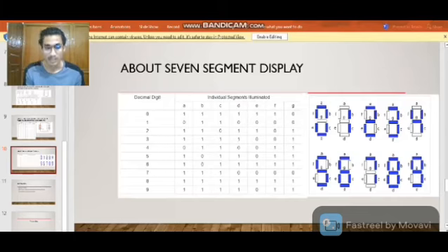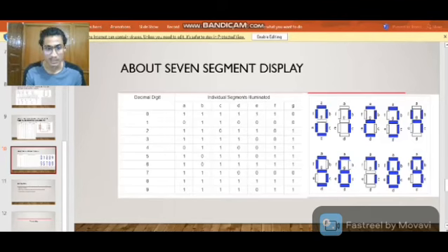For decimal digit 2, A, B, D, E, G are on and everything else is 0. For decimal number 4, B, C, F, G are on and everything else is 0. For decimal digit 5, A, C, D, F, G are on and B and E are 0.